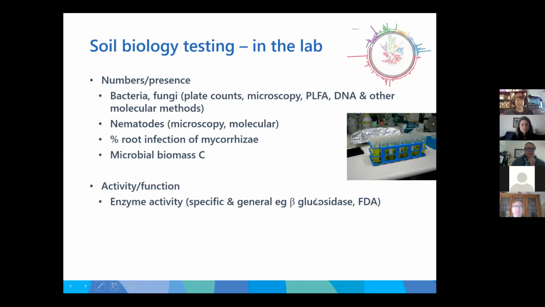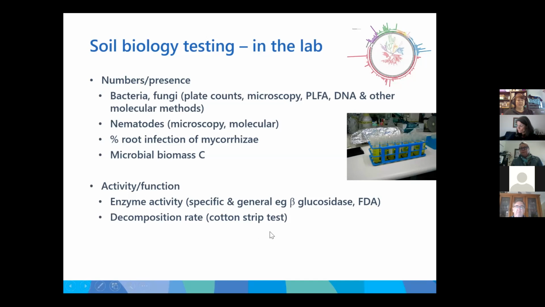Things like beta-glucosidase and phosphatases to look at the phosphorus conversion. Fluorescein diacetate, and that's a test that I've used. It's a general overall microbial activity estimate, and I find that quite useful.